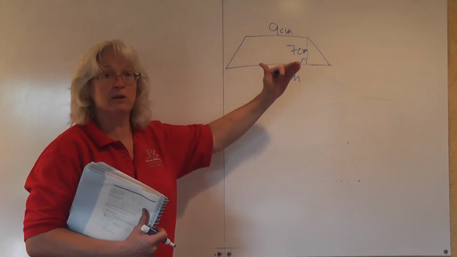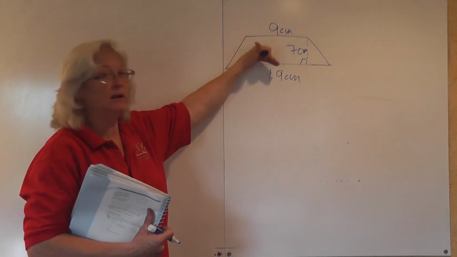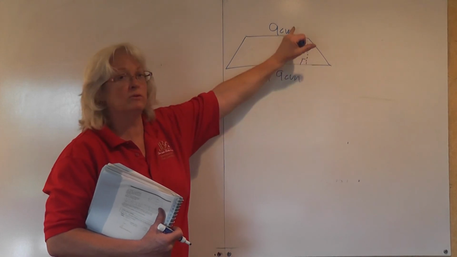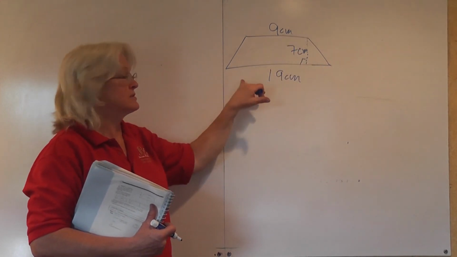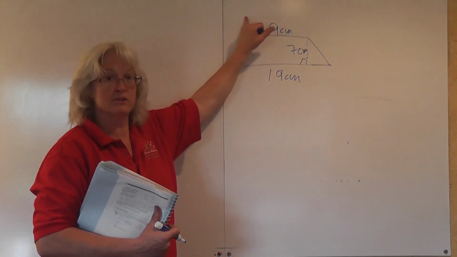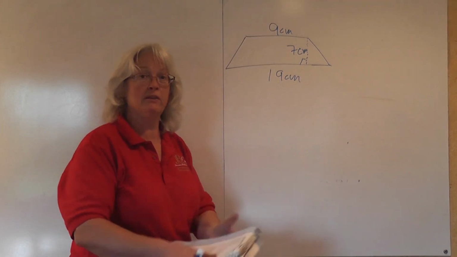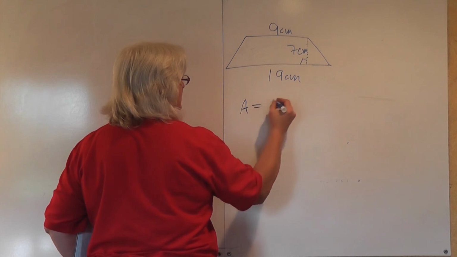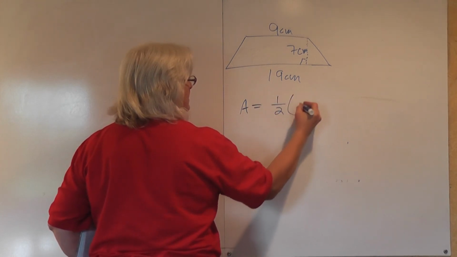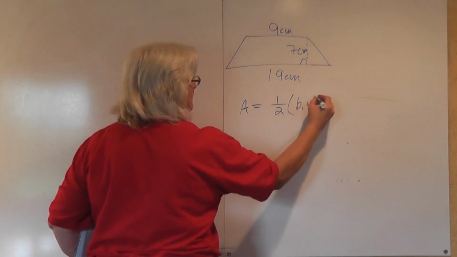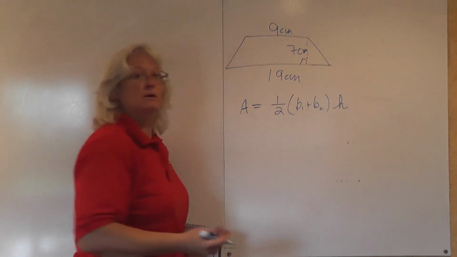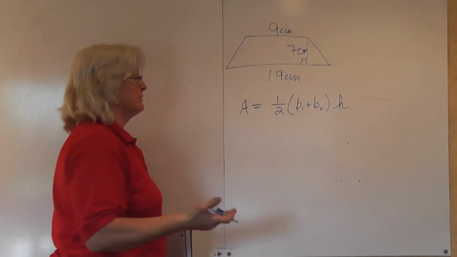Rewind, the 7 centimeters is the height. The height of a trapezoid is the perpendicular distance between the two bases. This is one base, this is another base. How do we find the area? You find the area of a trapezoid by taking 1/2 times the sum of the bases times the height. You have to write down the formula.